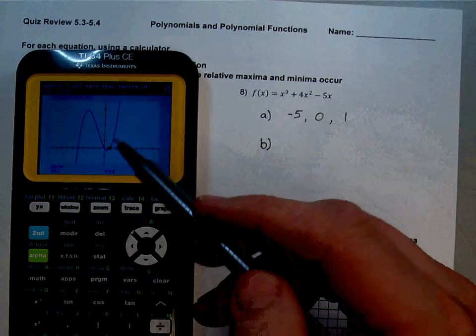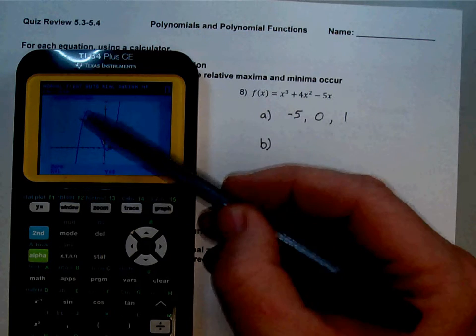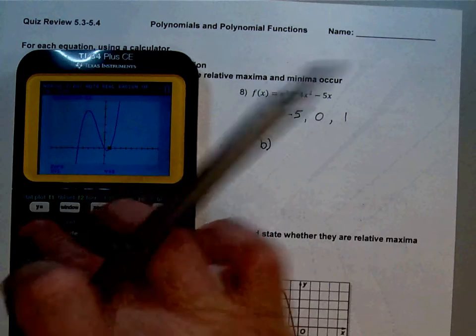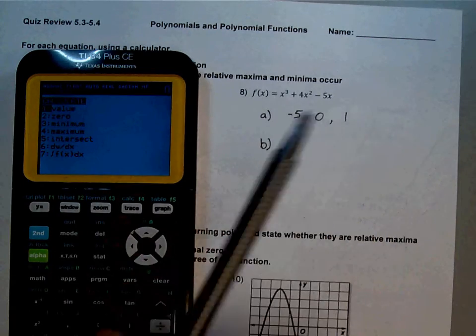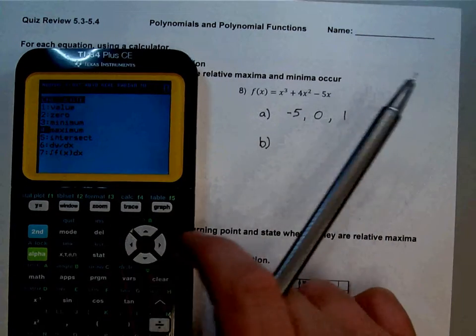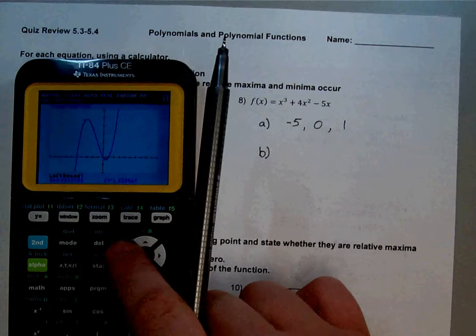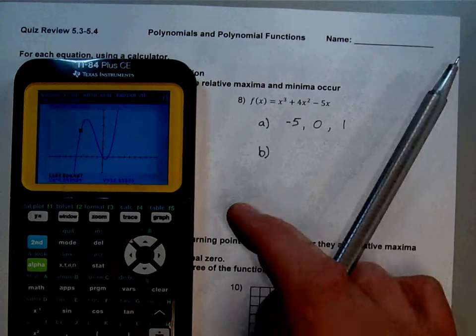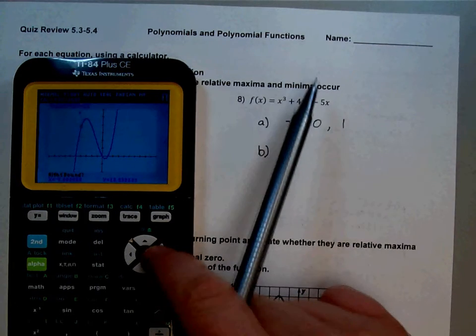Now, relative minima and maxima. Up here I've got a maximum, here I've got a minimum. Let's go to this maximum. Just work my way left to right. So it's a maximum, choose 4. So move to the left of the maximum. Then come back to the right of the maximum.